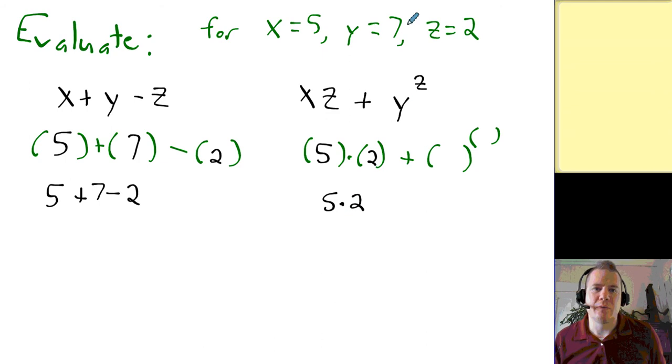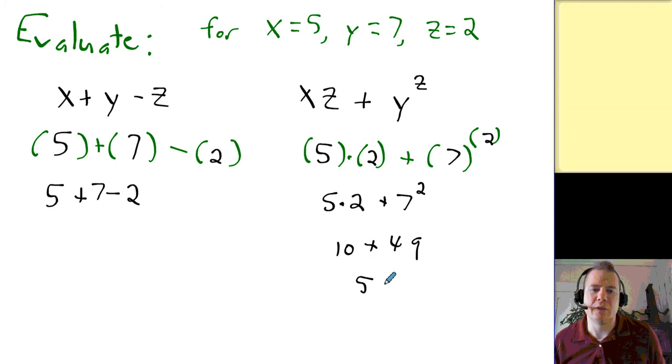Plus y is 7, z is 2, so plus 7 squared. So plus, that's separating this term from that term, so 5 times 2 is 10, plus 7 to the second power, that means 7 times itself 2 times, 7 times 7, 49. Now I can add 10 plus 49 is 59.